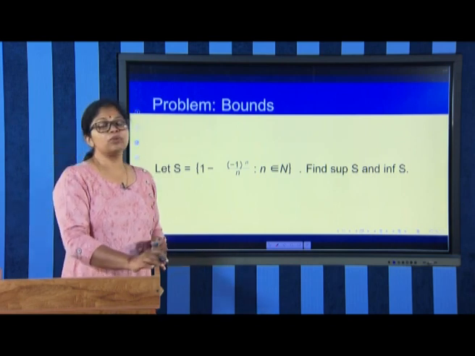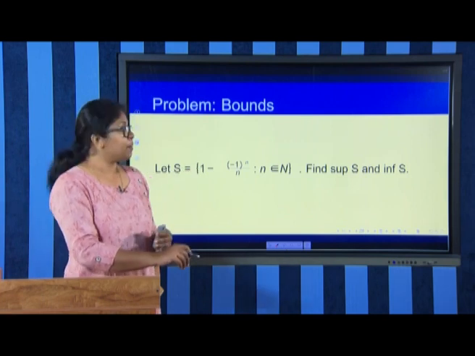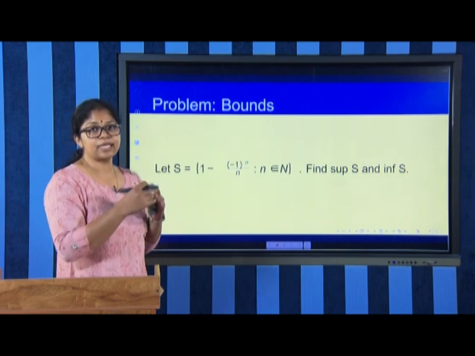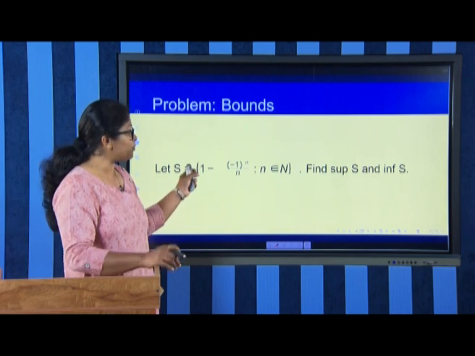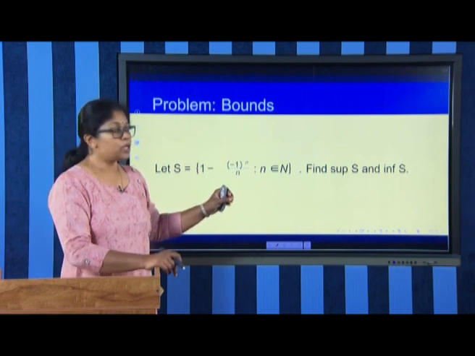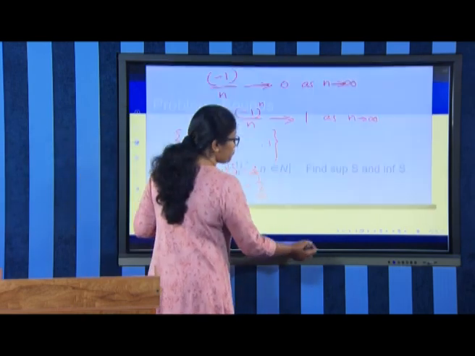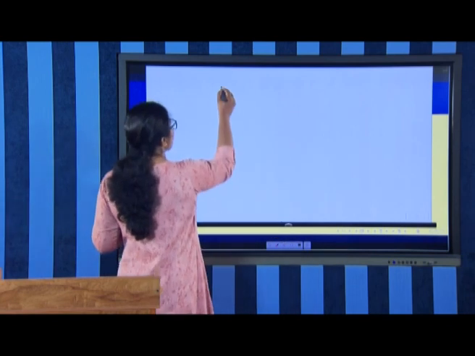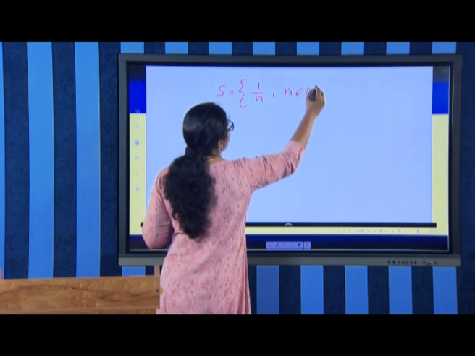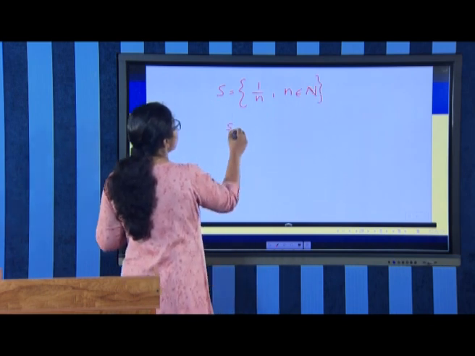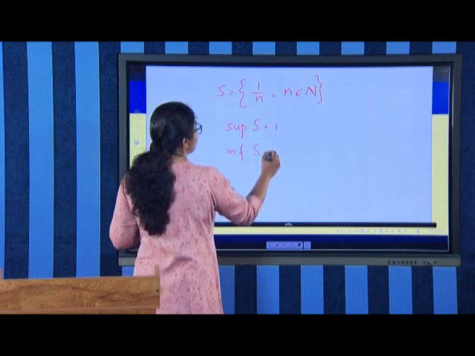And similarly, we can do questions like the supremum and infimum of the set of all 1 by n, also by listing out all the elements like this. As n goes to infinity, 1 by n is going to 0. So, we can see that the set S equal to the set of all 1 by n, where n belongs to the set of natural numbers, will have supremum as 1 and infimum as 0.